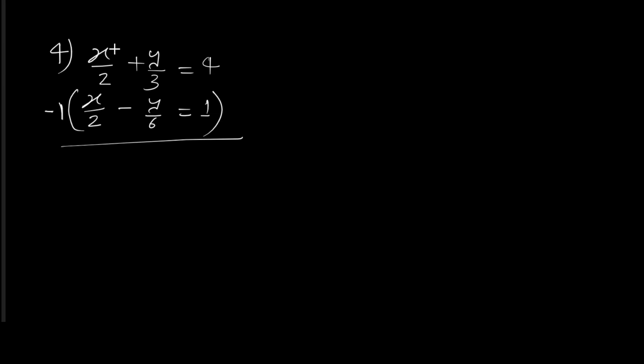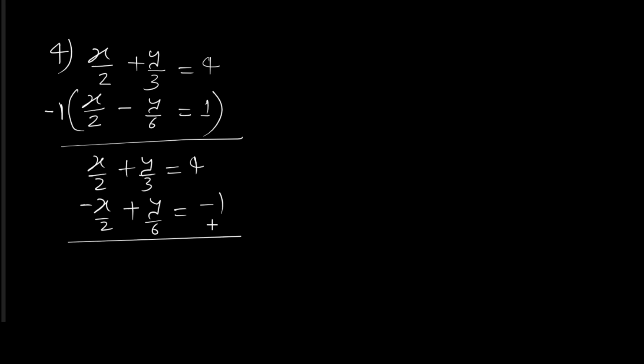So I'm going to rewrite the first equation, which is x over 2 plus 3y over 3 equals 4. So if we multiply these equations, it will give us negative x over 2 plus y over 6 equals negative 1. Now we have opposite x variables here.